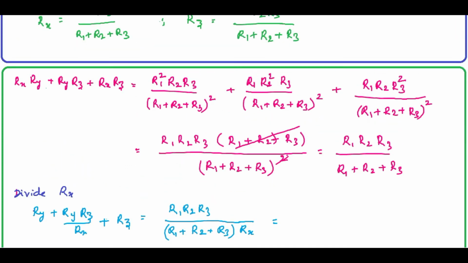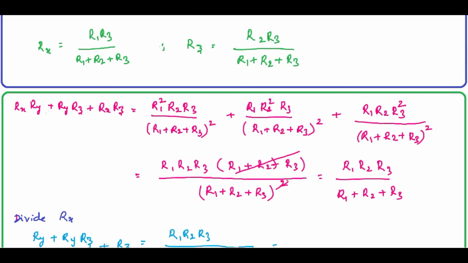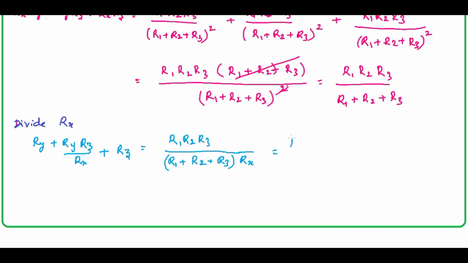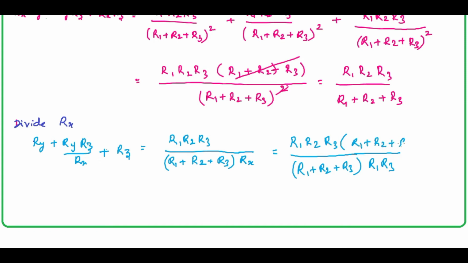Rx is R1 R3 divided by R1 plus R2 plus R3. So it will be equal to R1 R2 R3 divided by R1 plus R2 plus R3, into, Rx, which is R1 R3 divided by R1 plus R2 plus R3. That's all, and this will get cancelled, and R3 R1 will get cancelled. So finally it remains with R2.